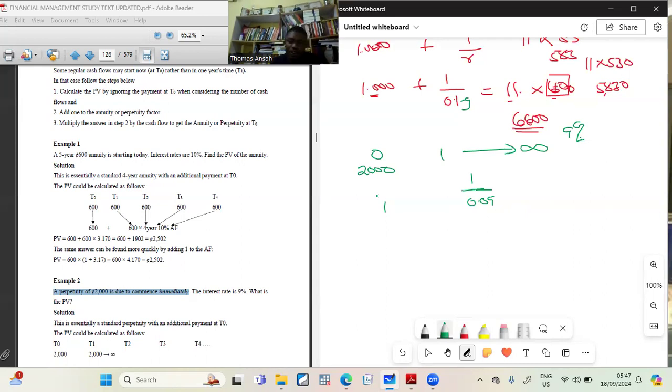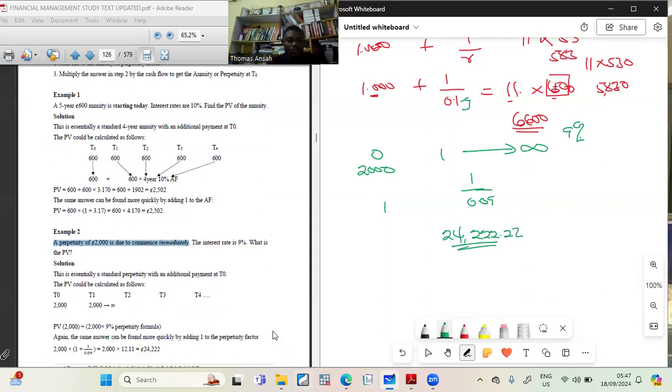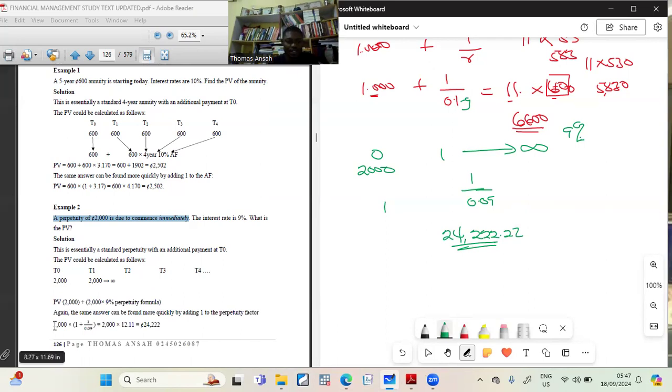That gives me 12.11111. I multiply it by my 2000, and that gives me 24,222.22. So basically, that is what you go in and do. So such as this. All right. So that is how you need to do.